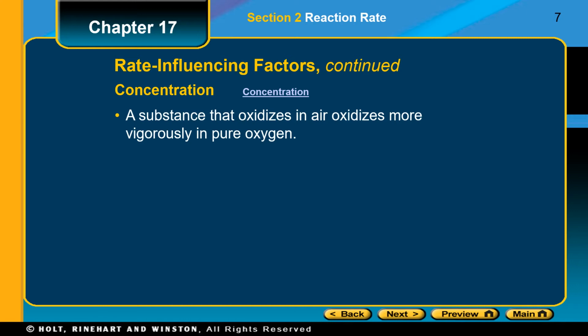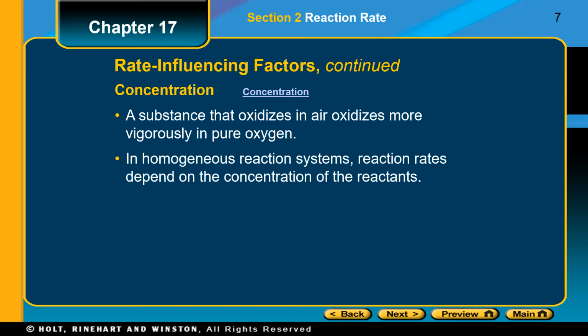So air is only about 20% oxygen, and then the other 80% is nitrogen. And so the concentration of oxygen in the air is only about 20%. But if I were to put this reactant that oxidizes in air into a pure oxygen environment, it would react much faster.